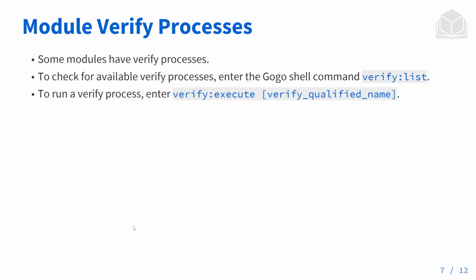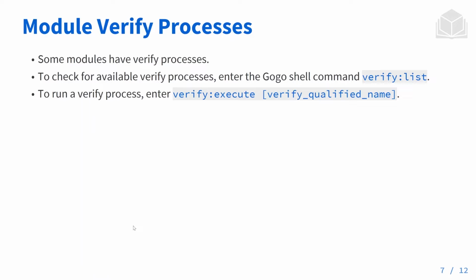Next up is each of our individual OSGi bundles or OSGi modules. Not every single OSGi module in Liferay has the ability to be verified. Only some of them do. In order to check that out, you're going to want to be in developer mode and you're going to access the Gogo shell. From there, you're going to type the command verify:list.